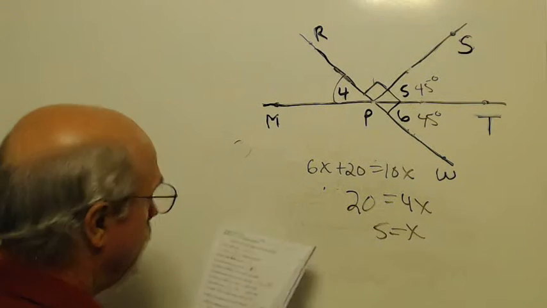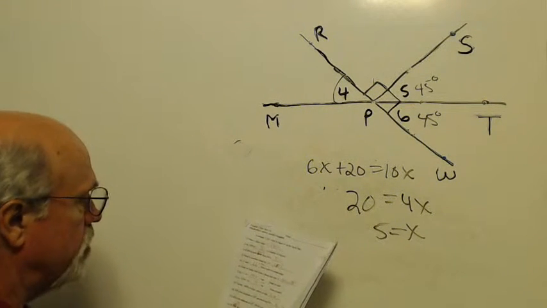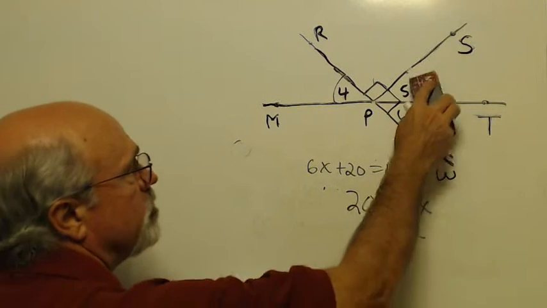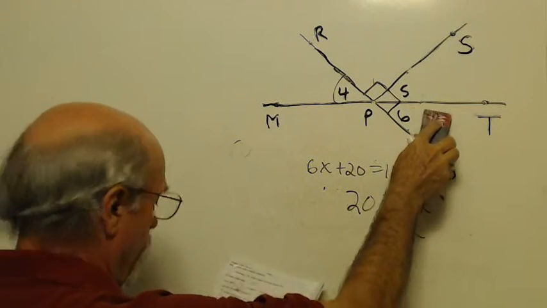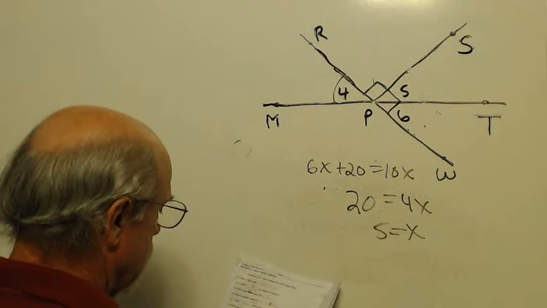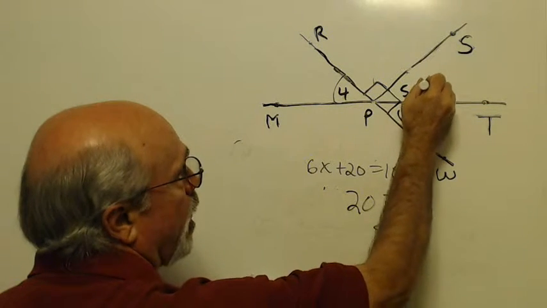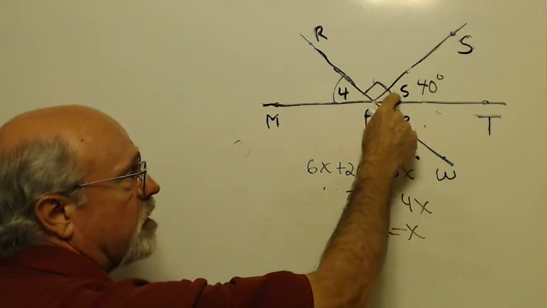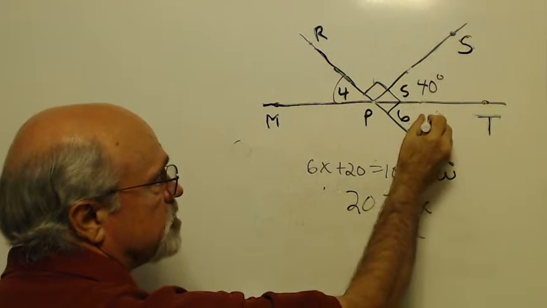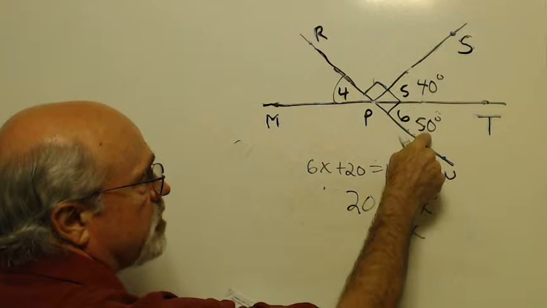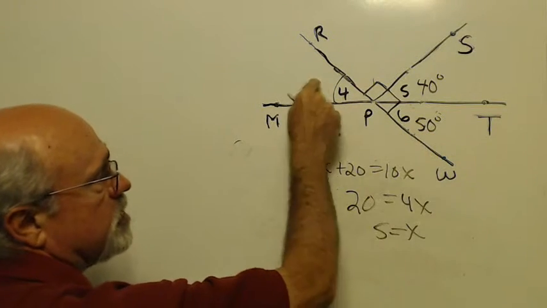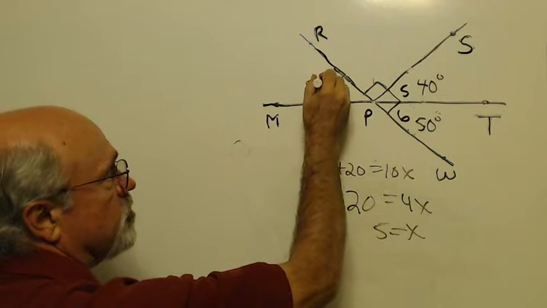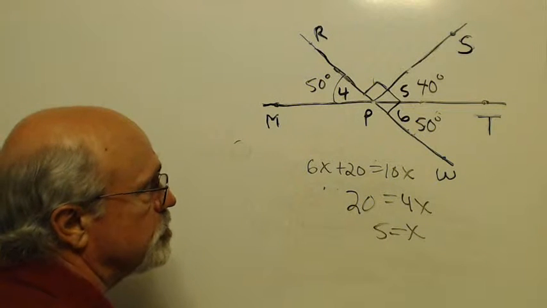Okay, on problem number 14, we are given that the measure of angle 5 is 40 degrees. If the measure of angle 5 is 40, remember 5 and 6 have to add up to that right angle 90. That makes this guy 50. If angle 6 is 50, then its vertical angle is also 50 because vertical angles are congruent to each other.